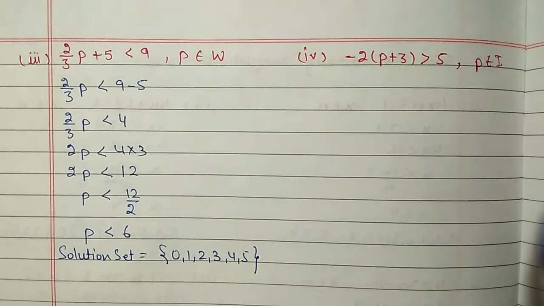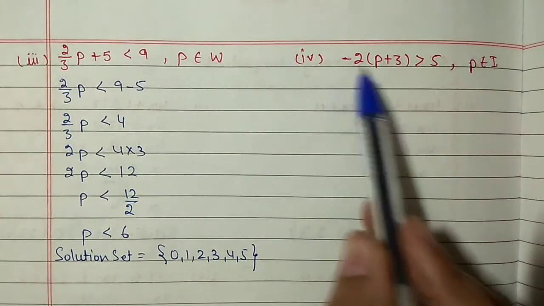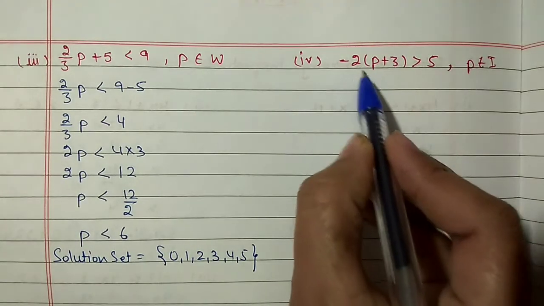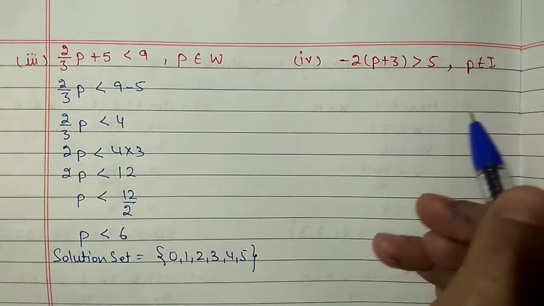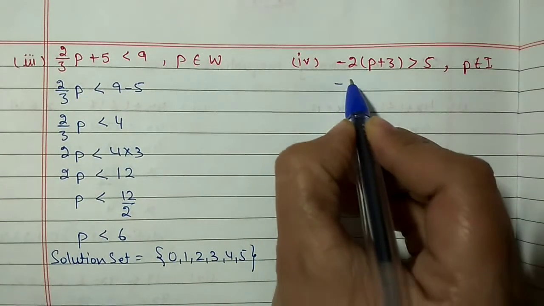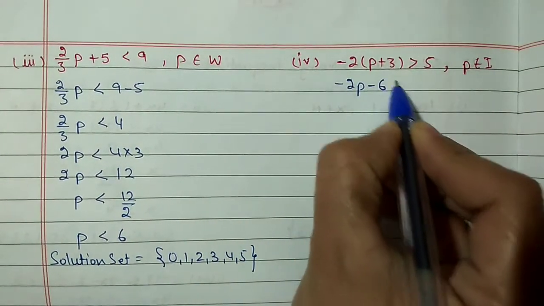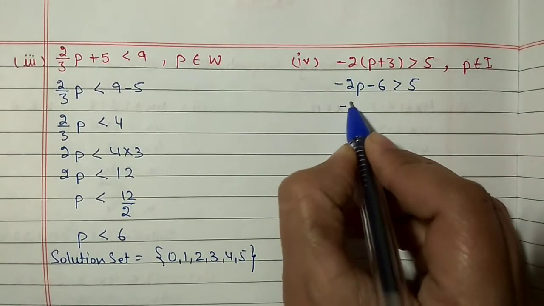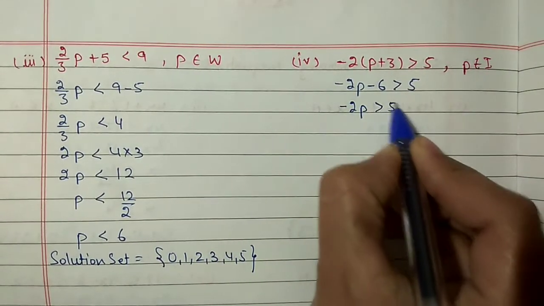Next, fourth part: 2p + 3 minus (2p + 3) greater than 5. So first this minus 2 we can shift to that side, or we can remove the bracket. If we are removing the bracket, then we will get −2p − 6 > 5. Now this minus 6 shift to the other side, > 5 + 6.